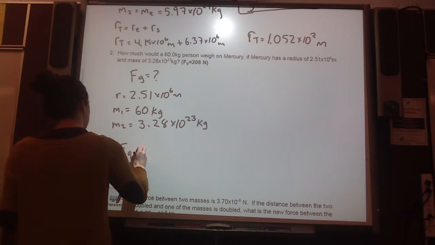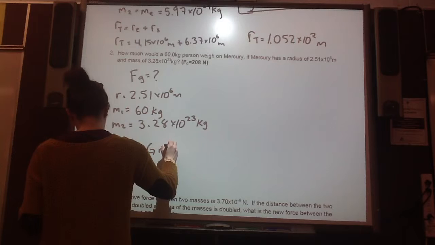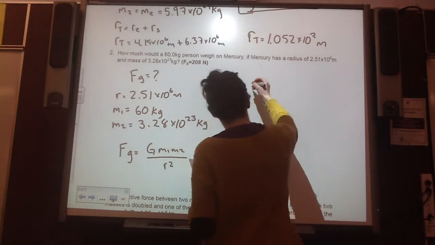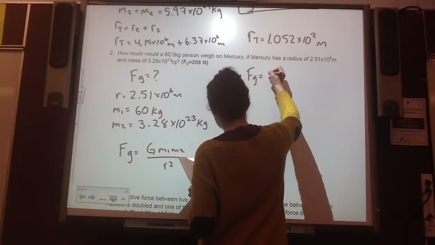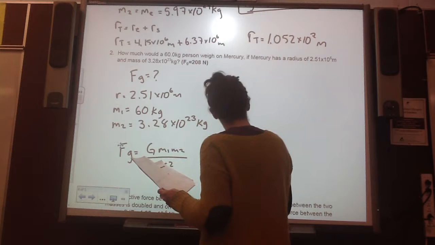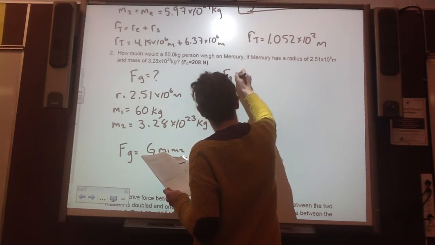So my formula is Fg is equal to G times M1 times M2 divided by R squared. Let's plug that all in. I'm going to back up a bit just because I know this top line is a lot of writing.